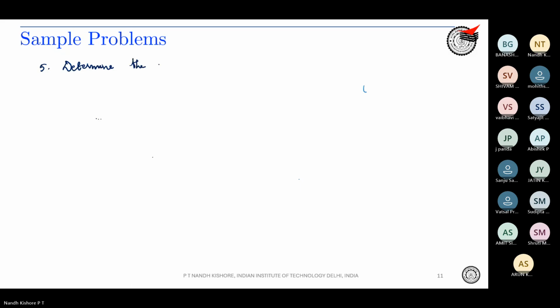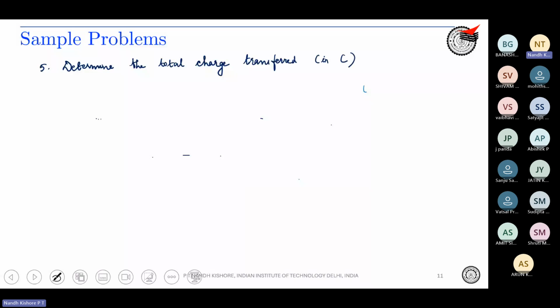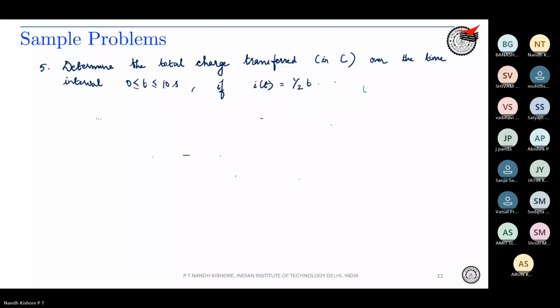Determine the total charge transferred in Coulomb over the time interval 0 less than t less than 10 seconds if I of t is equal to half t amperes.